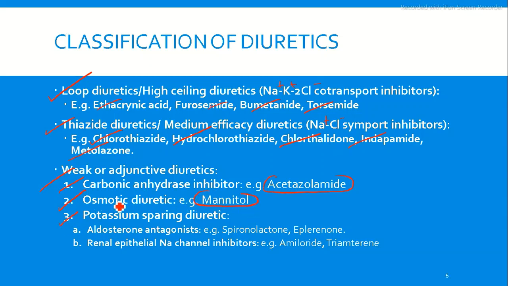The third one is the potassium sparing diuretics, which again have two subtypes. The first is the aldosterone antagonist, examples are spironolactone and eplerenone. The second subtype is renal epithelial sodium channel inhibitors, examples are amiloride and triamterene.